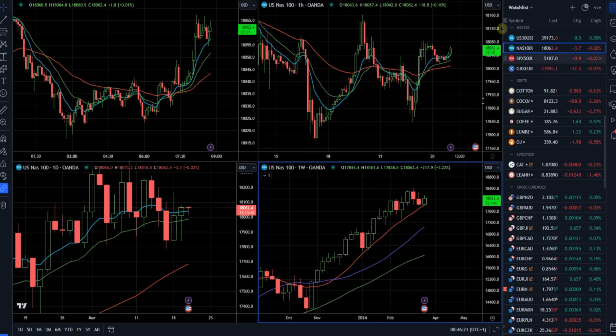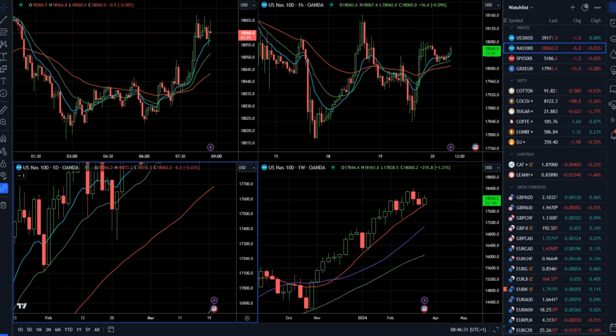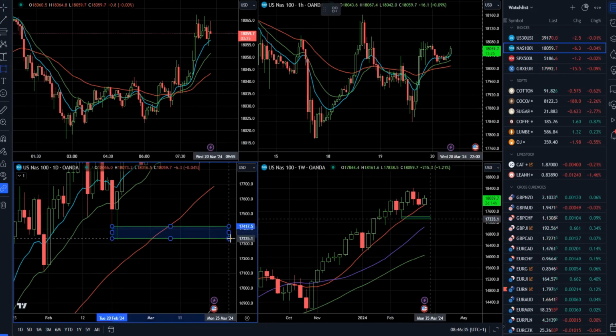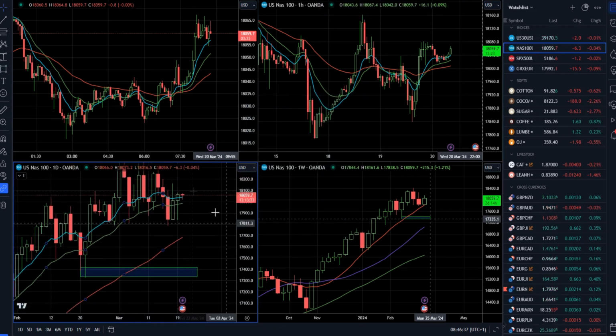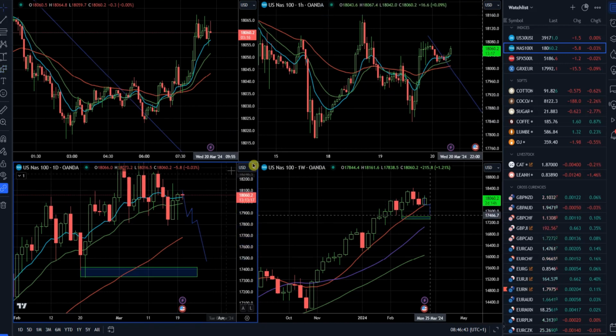So at this point, I think waiting for FOMC minutes. But in case of the downside breakout of the 17,800 mark, there will be a chance for a bigger drop. Maybe even towards this pin bar tail around 17,400 mark. It's still waiting at that point in case of that downside breakout and further downside continuation.